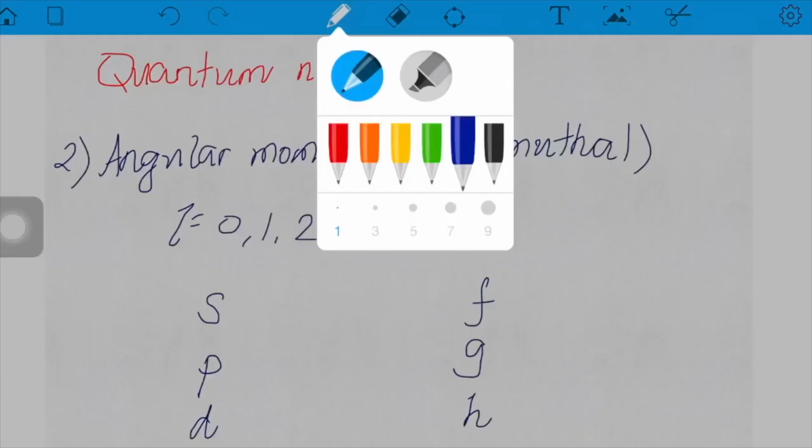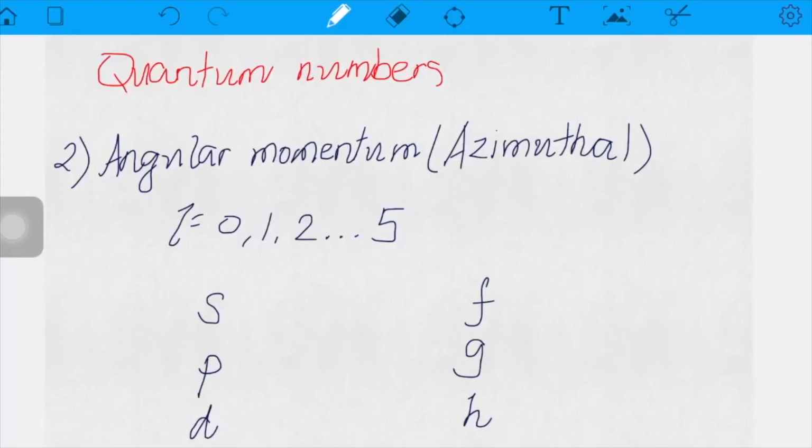Each subshell from S up to H has its equivalent number. So S is equal to 0, P is 1, D is 2, F is 3, G is 4, and H is 5.